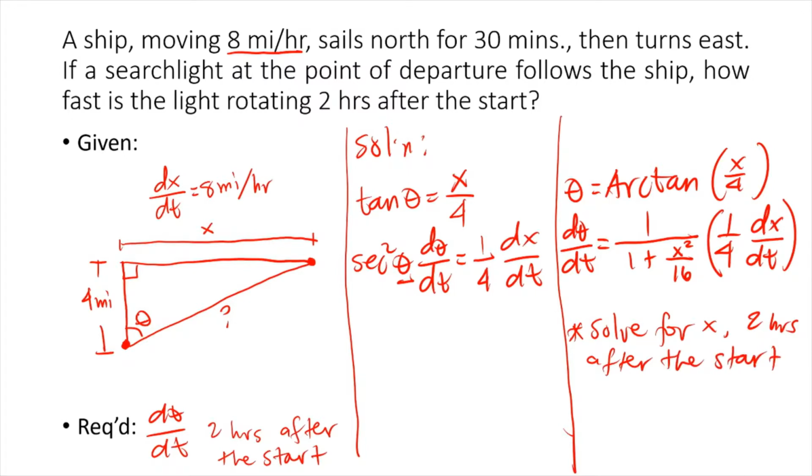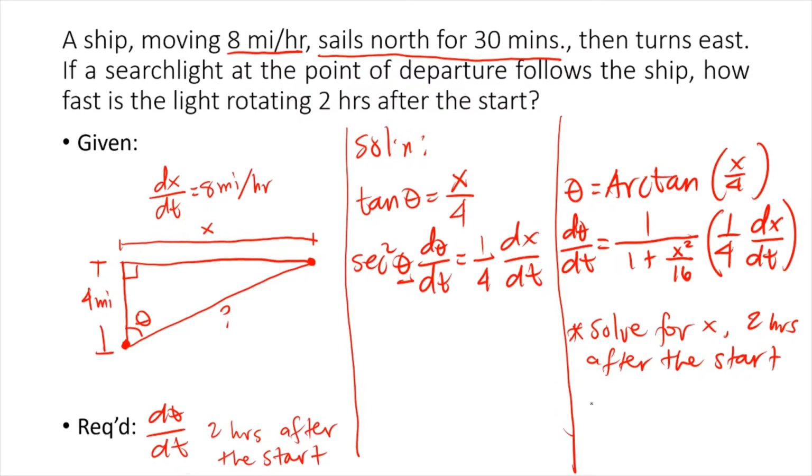If we read the problem again, it is stated here that he already sailed going north for 30 minutes. Okay, therefore the time for its eastward travel is 2 hours minus 30 minutes, right? And that's 1.5 hours.